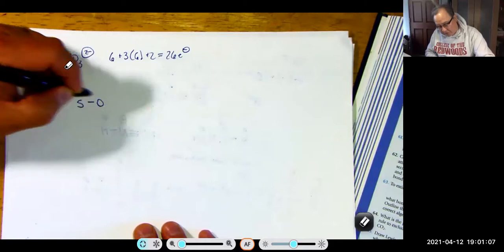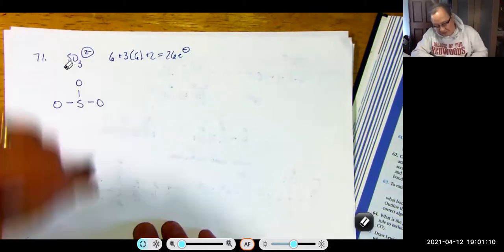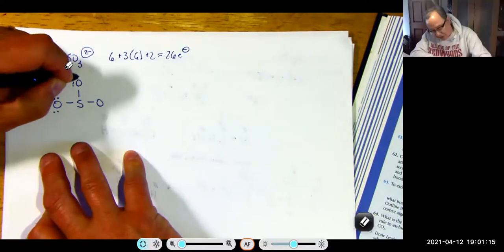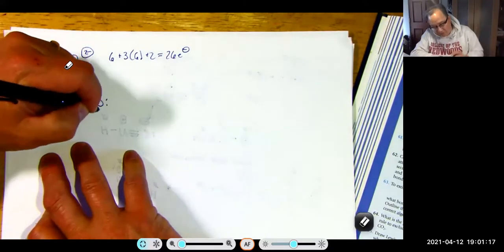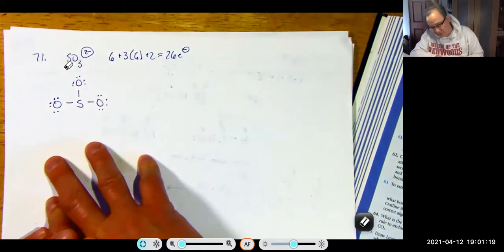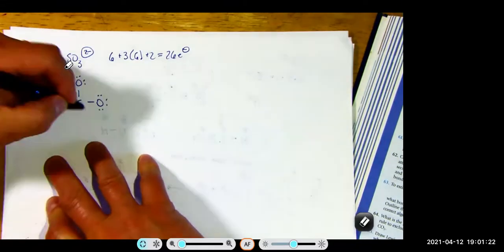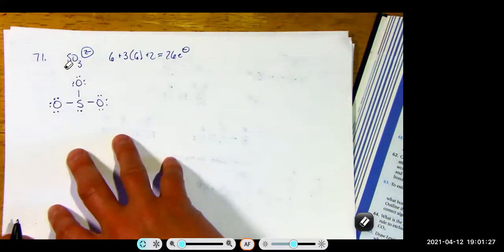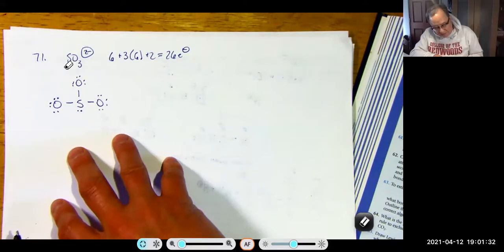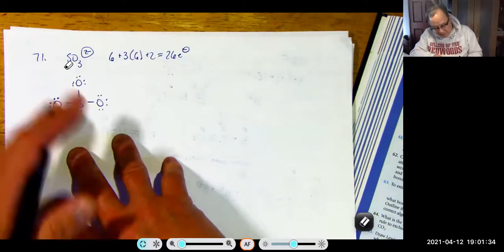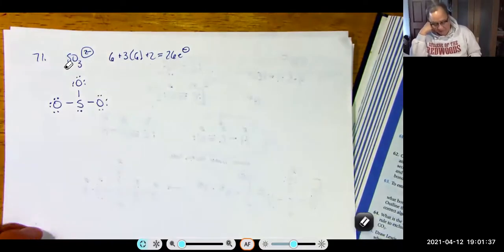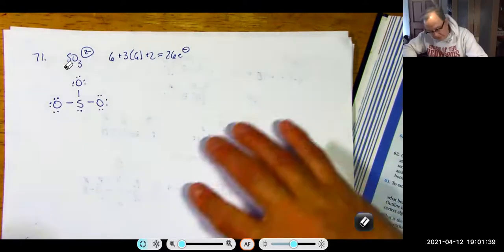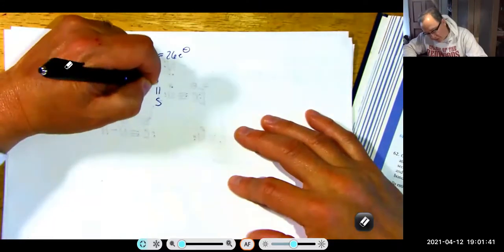So we're going to put sulfur in the middle because it can make the most number of bonds. And then we're going to put pairs on each oxygen, and that's only 24. So where do we put the last 2? On the sulfur. Good. Now for this one, we can make a number of different types of structures, but this is probably one of the most common ones.